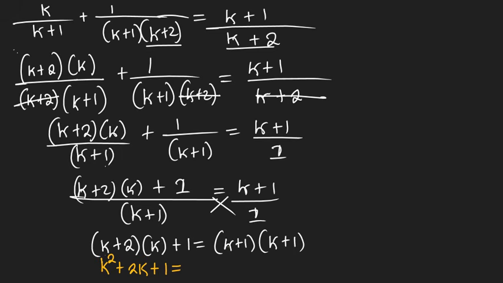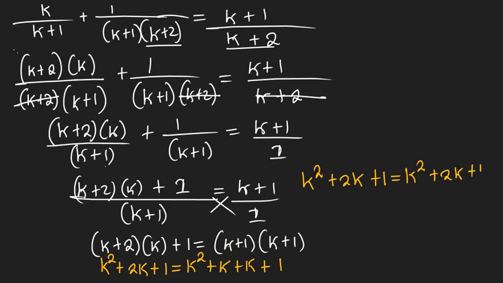K multiplied by K, K squared, K multiplied by 1, K, 1 multiplied by K, K, K multiplied by 1, 1. So final answer, we're going to have K squared plus 2K plus 1 is equal to K squared plus 2K plus 1.